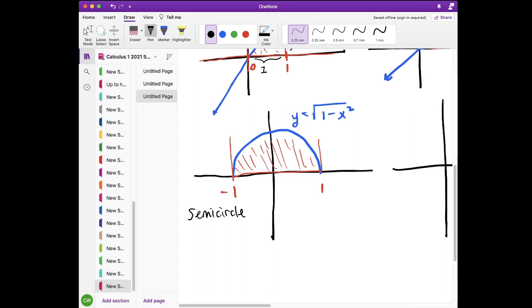Yes, pi r squared is the area of a circle, and then divide by 2 because it's a semicircle. So what is r in this case? 1. So pi over 2.